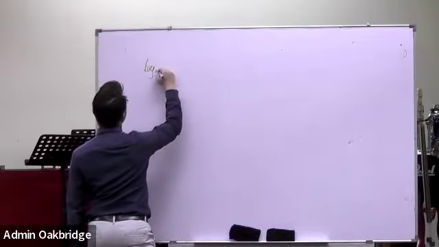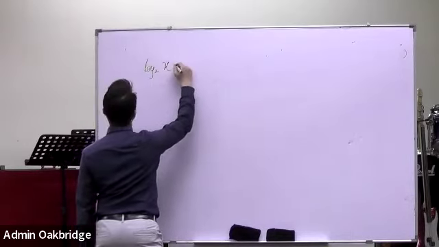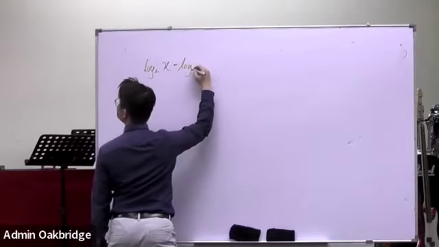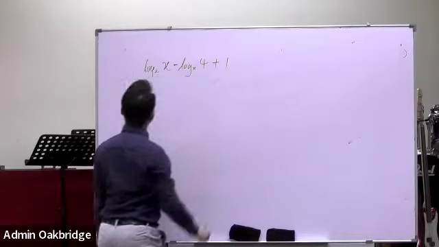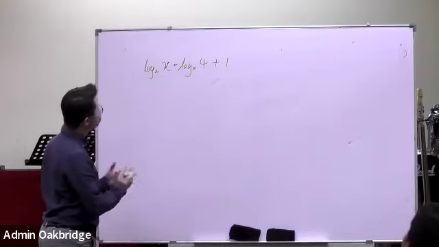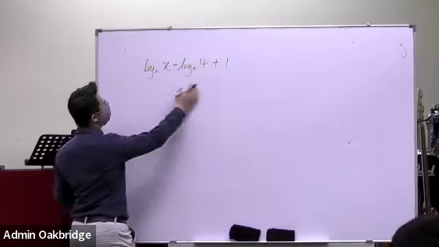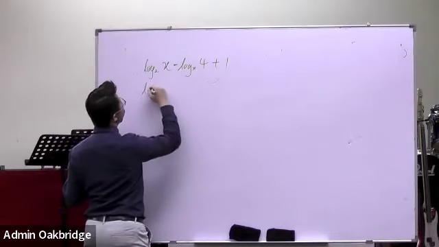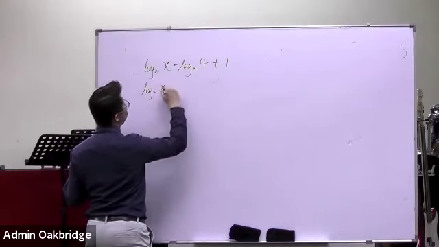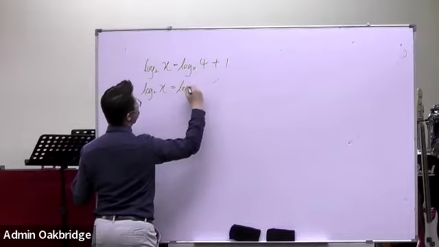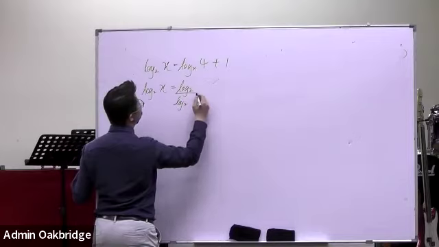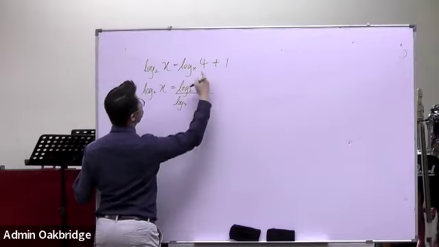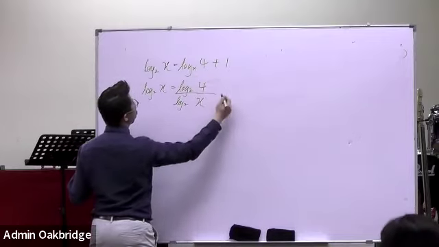Log base 2 of x equals log base x of 4 plus 1. Again, make sure they have the same base. Now they don't have the same base, just change to base 2. Here is 4, the bottom here is x.